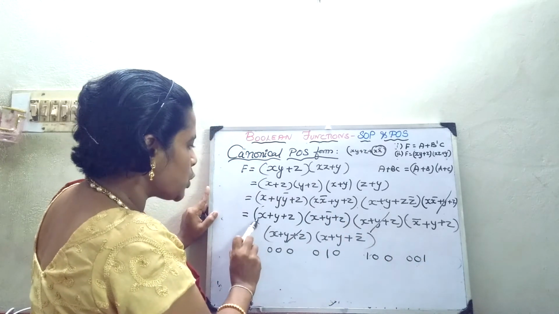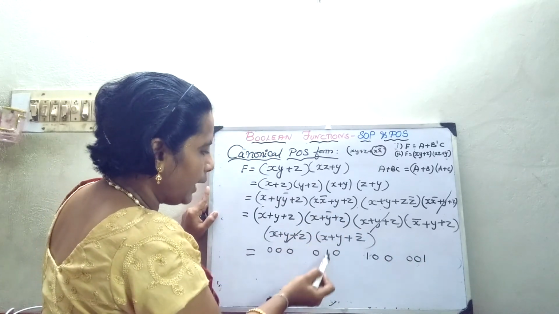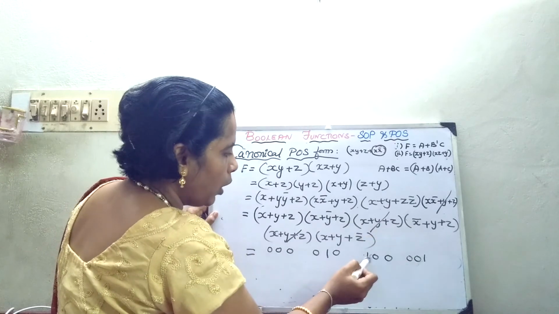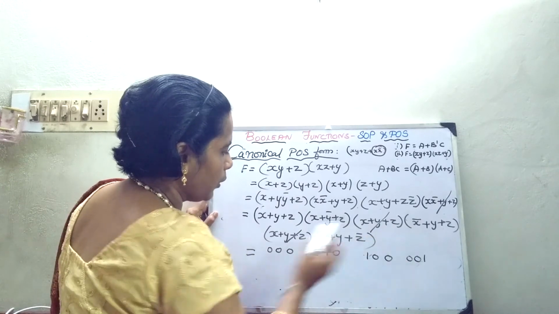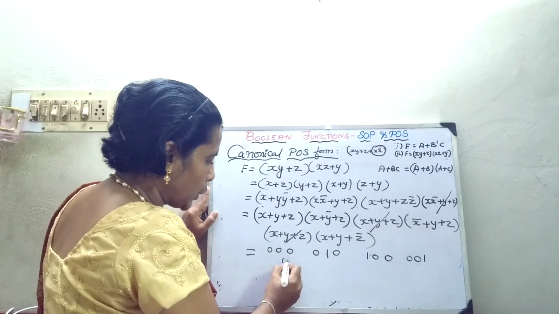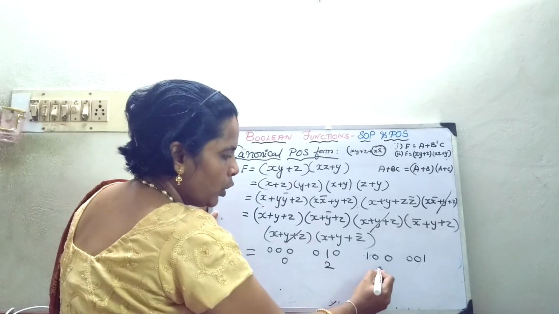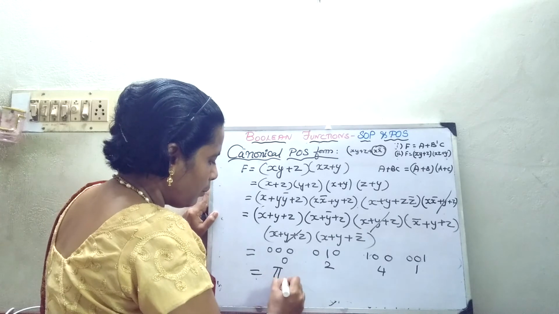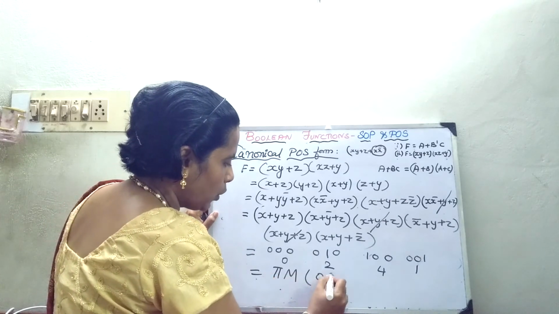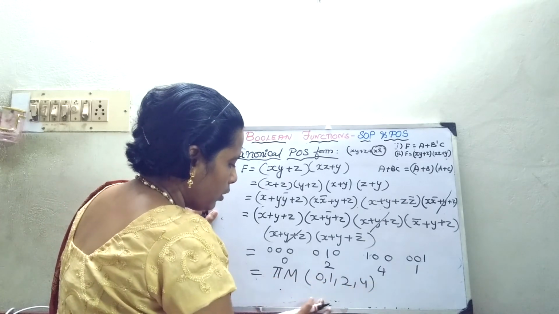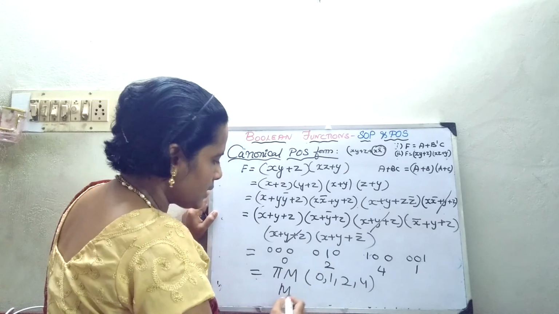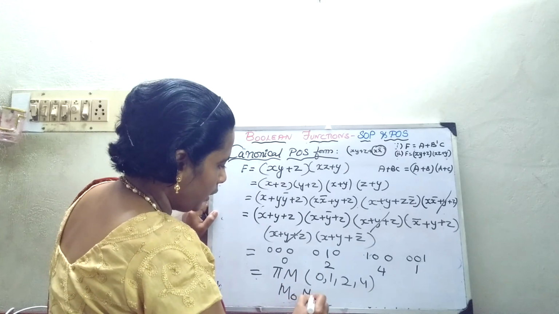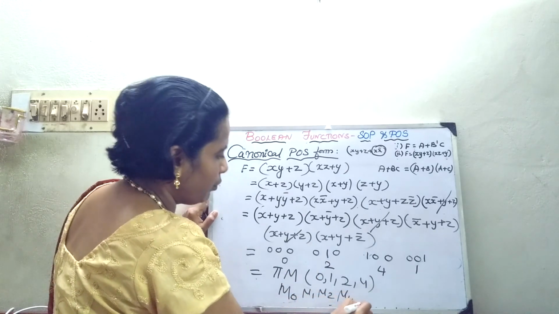Wherever I have the bar, there alone I have to put a complemented term. That's all. Now what is this? 0 0 1, 0 1 0, is 2, 4 and 1. So how will I write this? Pi m 0 1 2 4, or else what is the expression? m0, m1, m2 and m4.